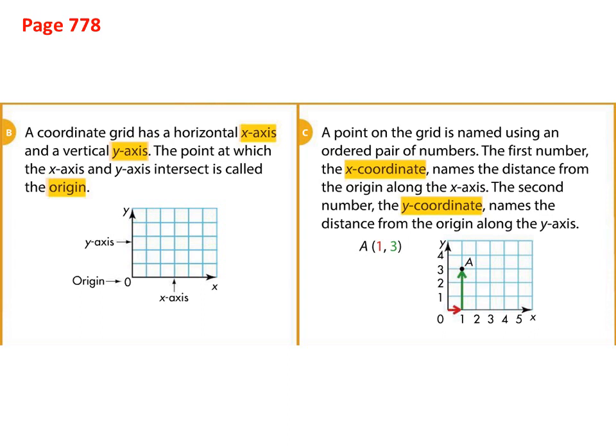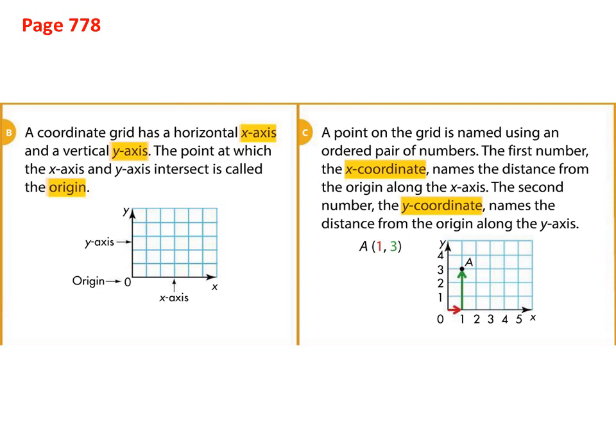Again, how to determine the location of any point? For example, how to determine the ordered pair of the point A. We must move horizontally. We must use the x coordinate or the x shift, or we must run then rise. So to go to the point A, we must begin with the origin point.